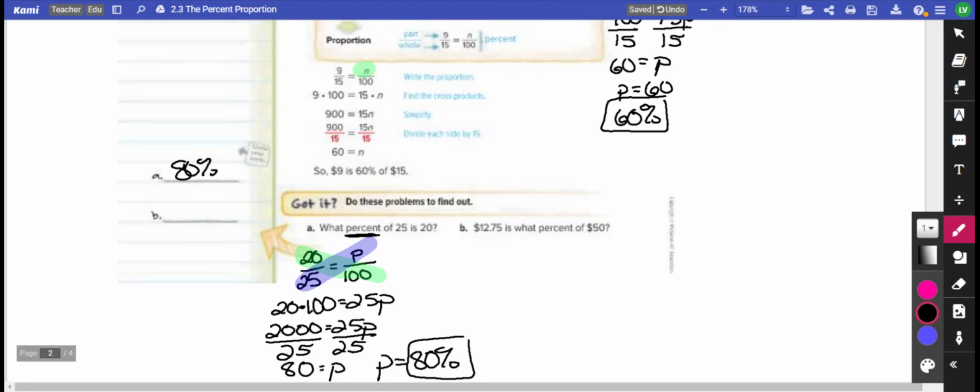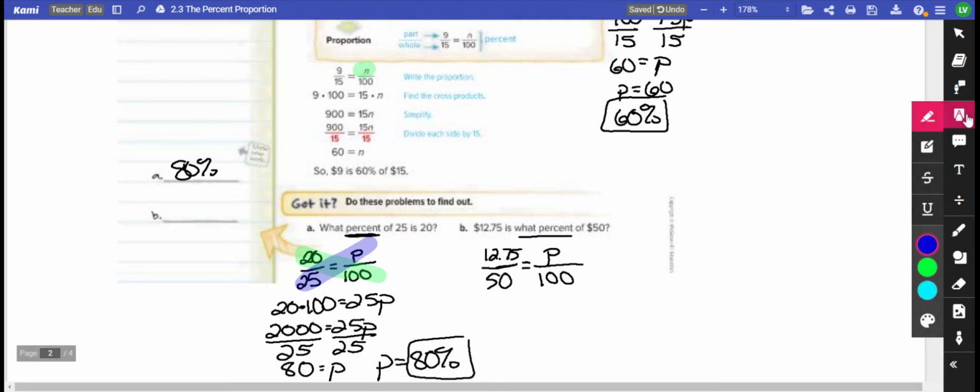Letter B, $12.75 is what percent of $50? I'm going to set up my proportion. I'm going to find the percent, which is out of 100. $12.75 is the part, while $50 is the whole.